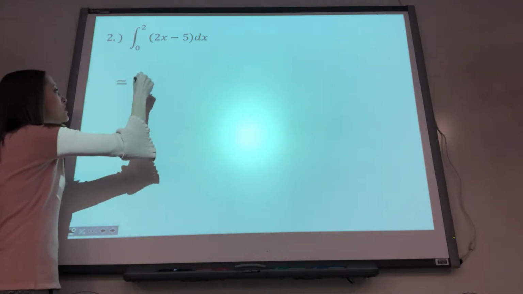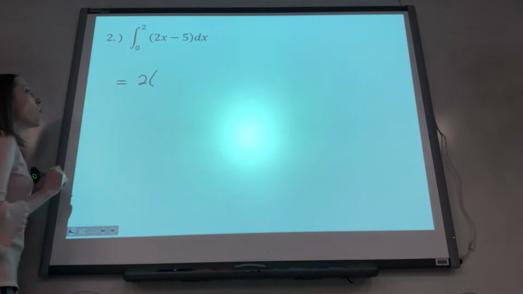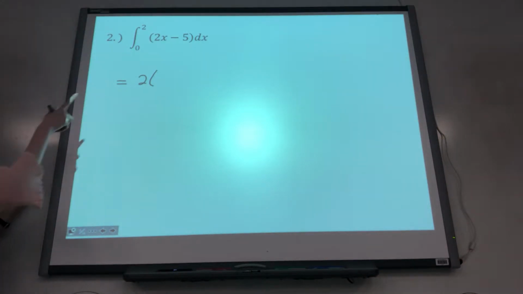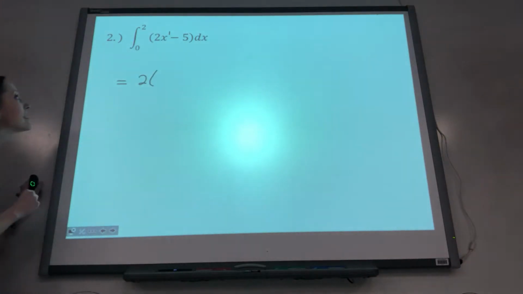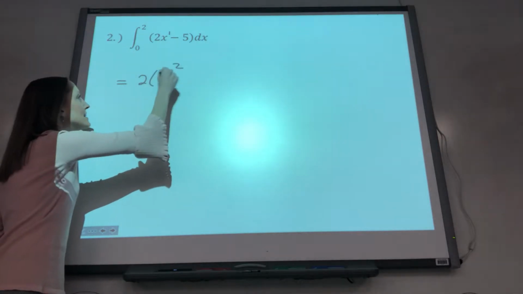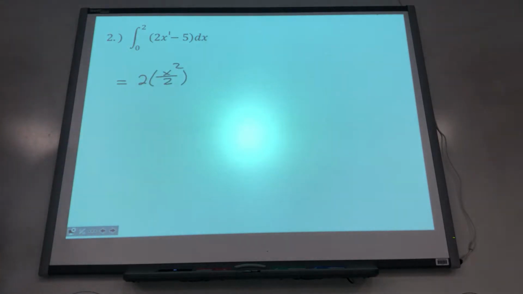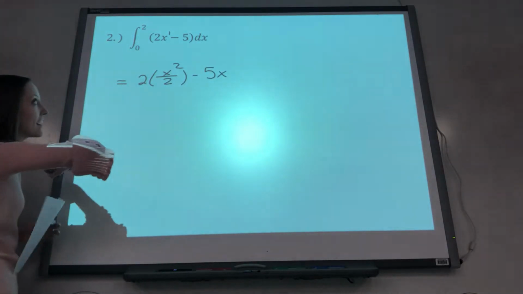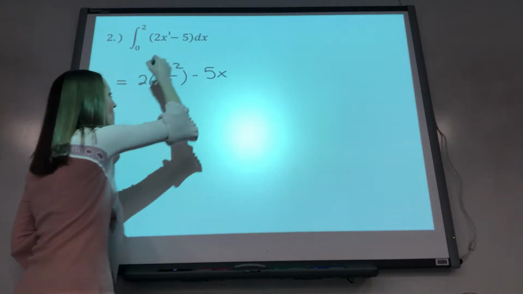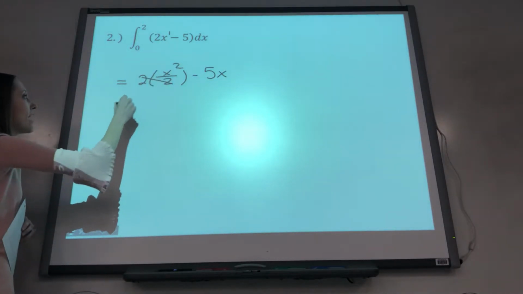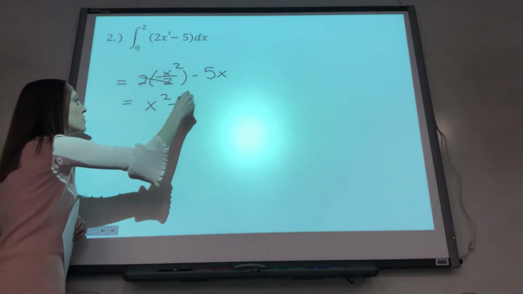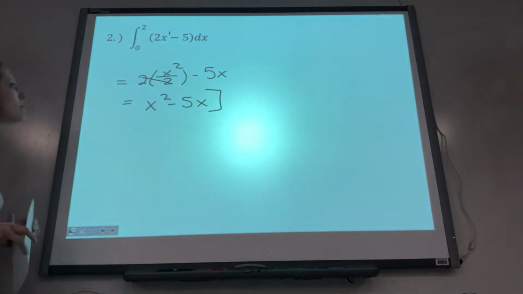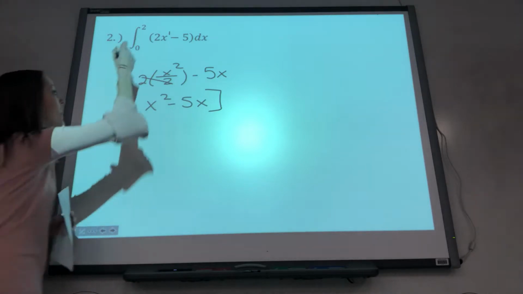You can keep the 2 out front while you integrate x, or you can think of that as x to the first. So that's like an x squared over 2 minus 5x. And I'll probably want to simplify that a little bit. Those 2's can drop out, and so it's just x squared minus 5x.